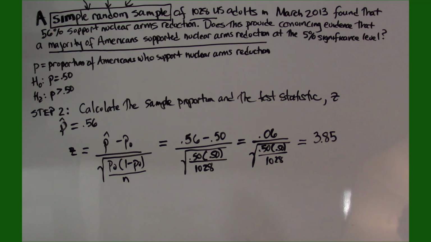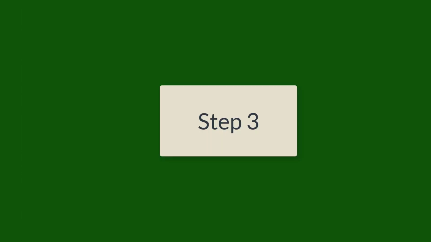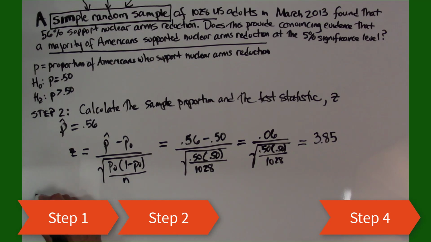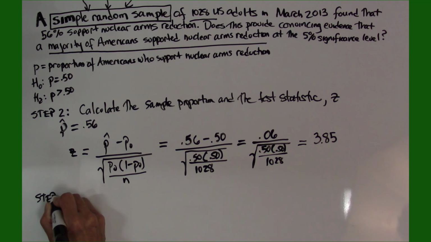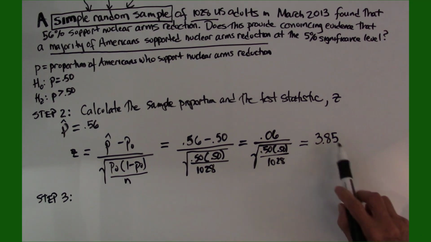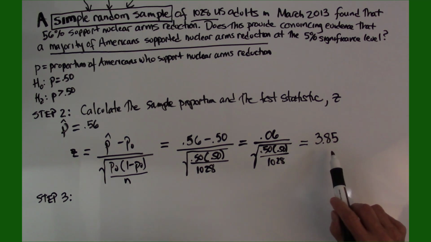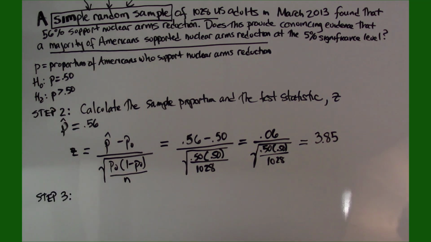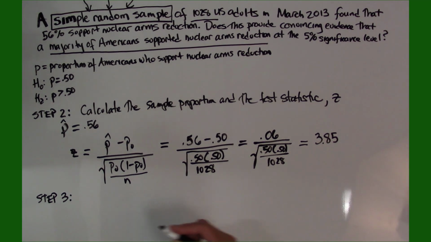Moving on to step 3. Let's see if our intuition is correct that it's highly unlikely to get a sample that's 3.85 standard deviations above that assumed value.